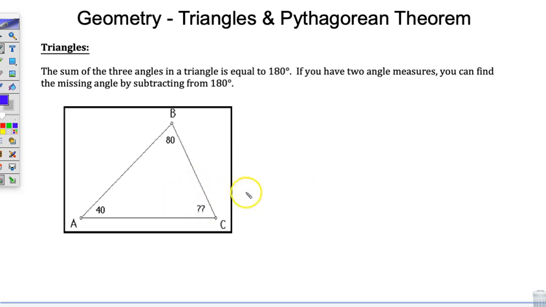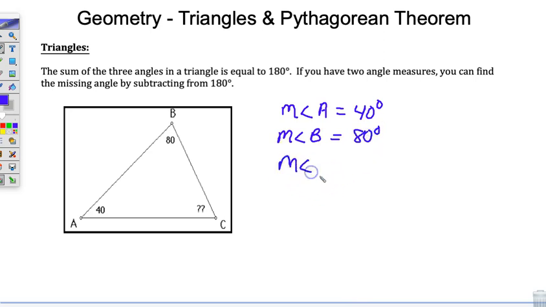So let's take a look at my first example. In this example, we have the measure of angle A equal to 40 degrees, and you can see that right here. I have the measure of angle B being equivalent to 80 degrees. My job is to find the missing angle measure, which is C, right here.